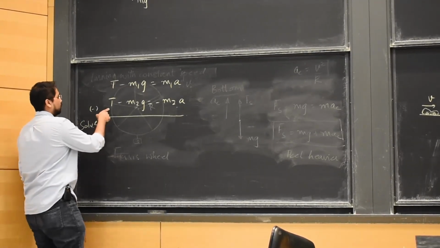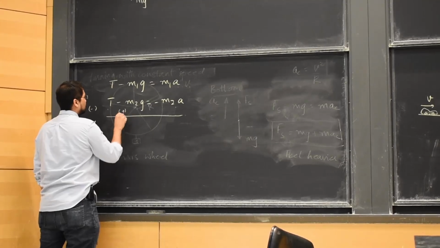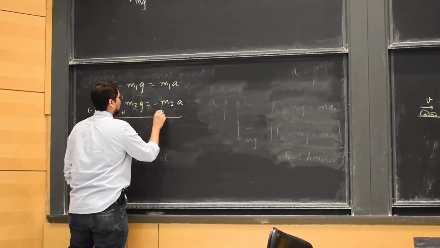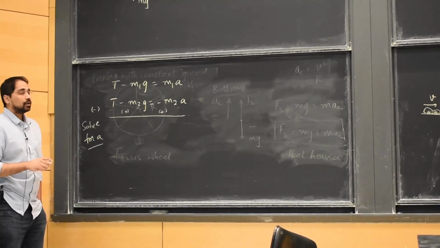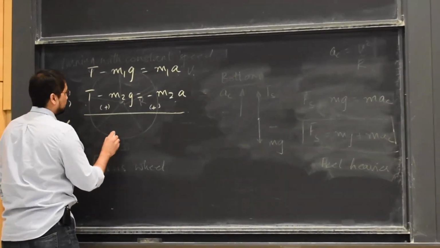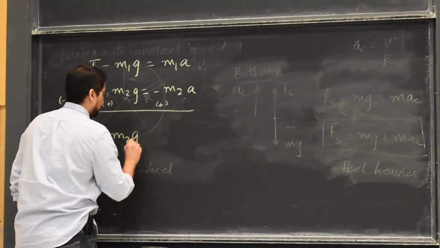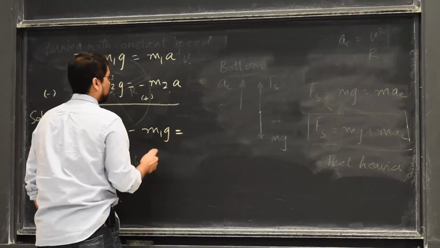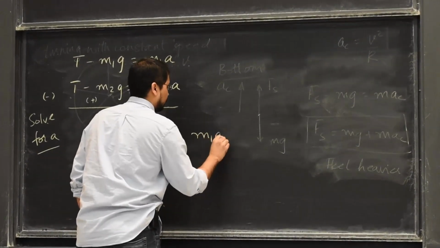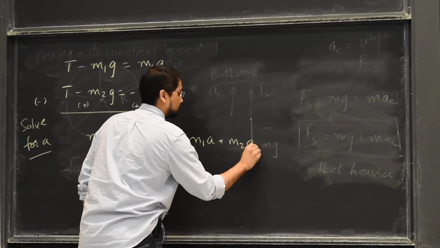So this becomes a minus T, this becomes a plus m2g, this becomes a plus m2a. And that gives me m2g minus m1g must be equal to m1a plus m2a.